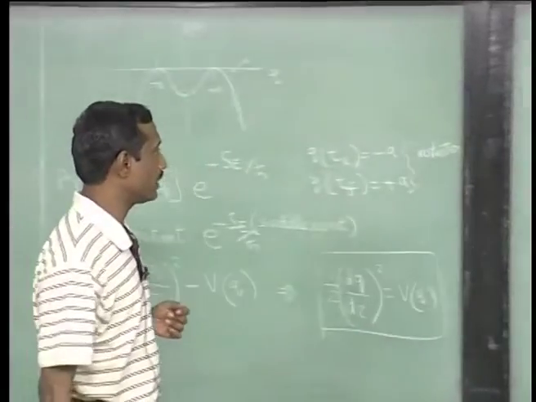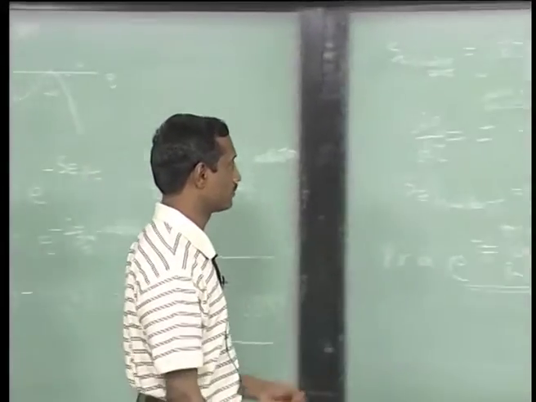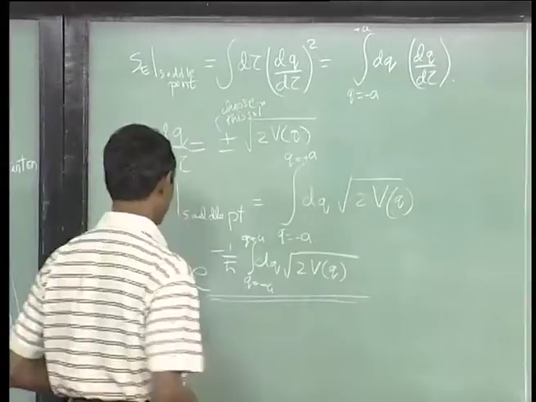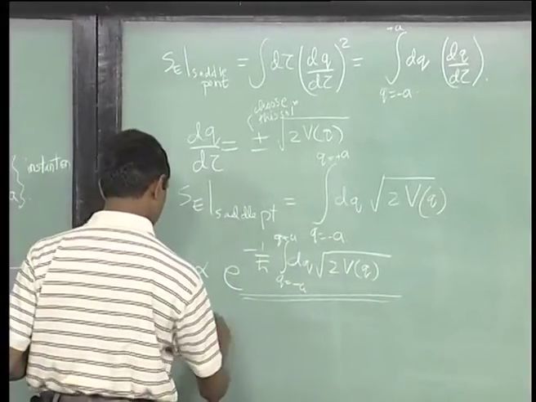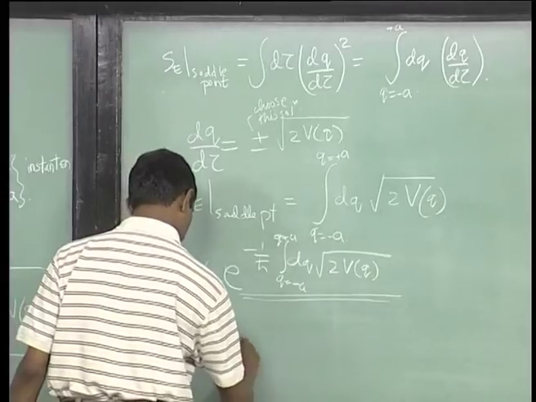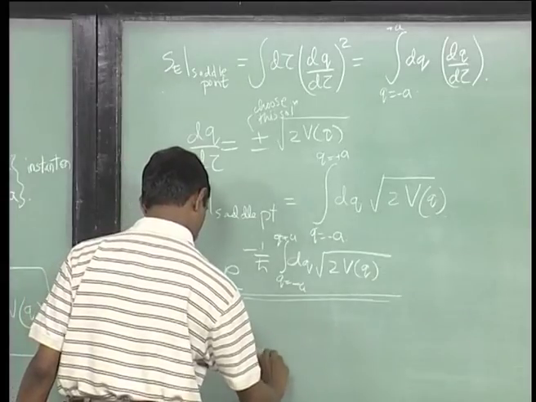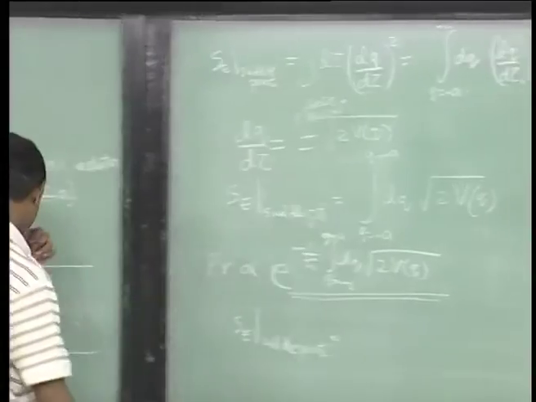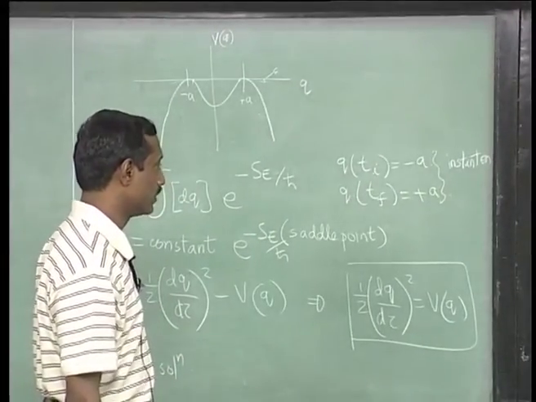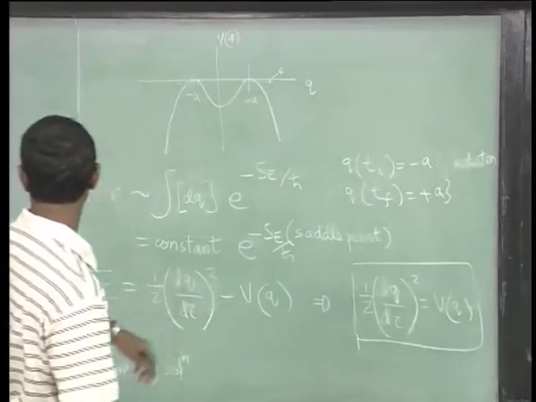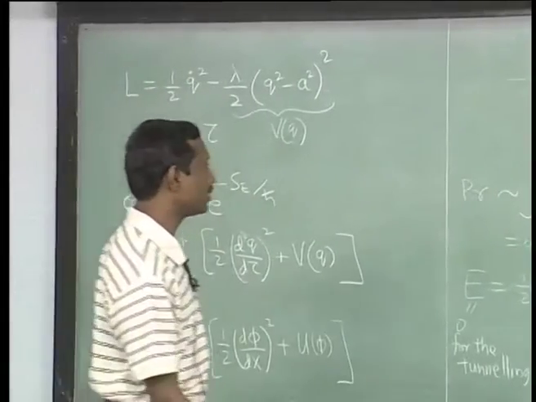Okay. So, that is what we get out here, but we can do more. We can actually evaluate what this is for our answer. So, I am going to be more explicit. Yeah. So, the saddle point. So, what is V of q in our example? It is just lambda over 2 times (a squared minus q squared) squared.